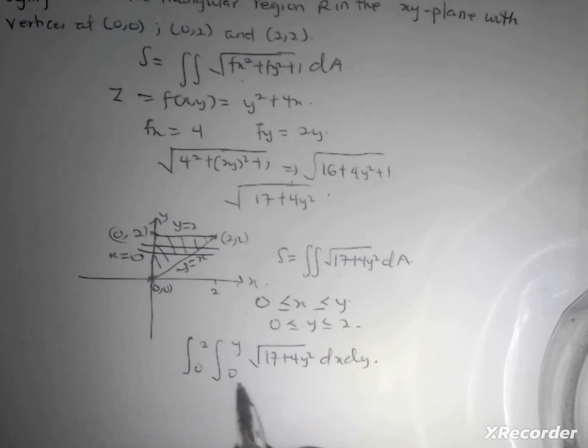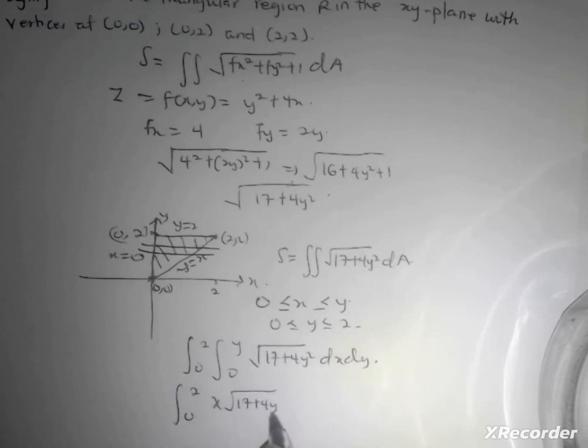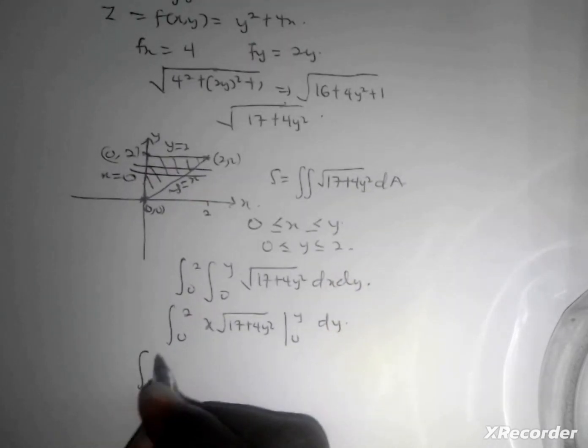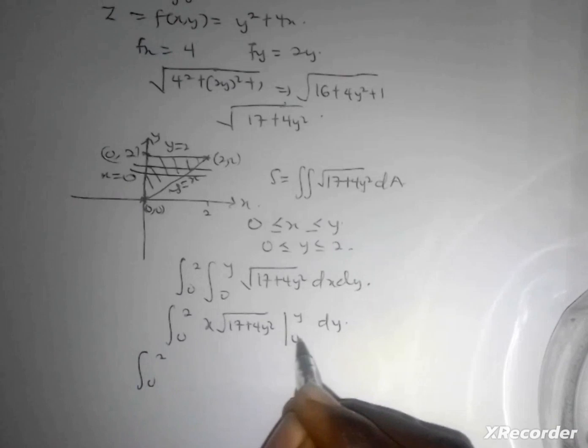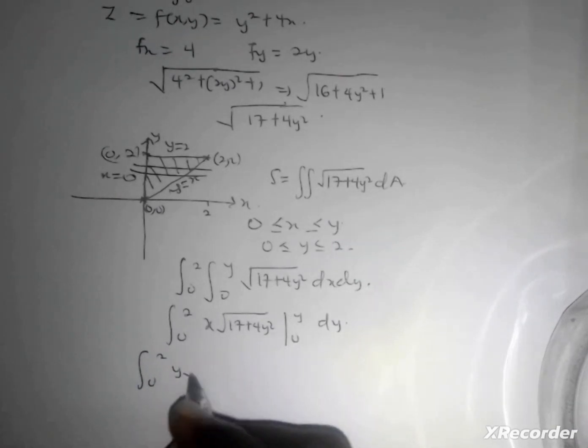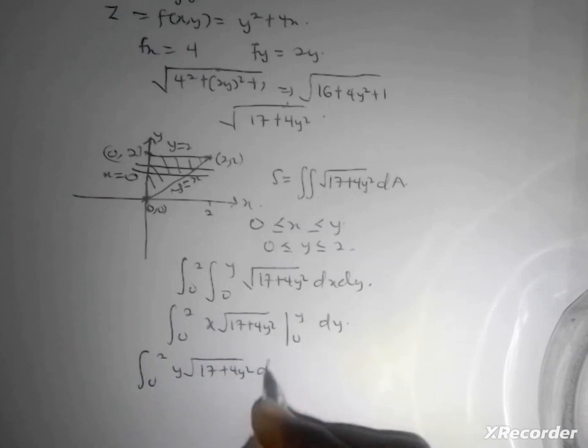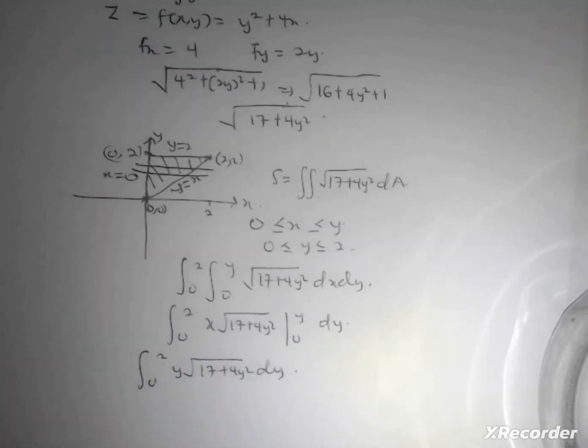Now the first integral is with respect to x, so I get x times the square root of 17 plus 4y squared, from 0 to y, dy. Moving on with my simplification, I get the integral from 0 to 2. I'll put in y, 0 will make everything 0, so y times the square root of 17 plus 4y squared dy. This can be computed using a simple substitution.